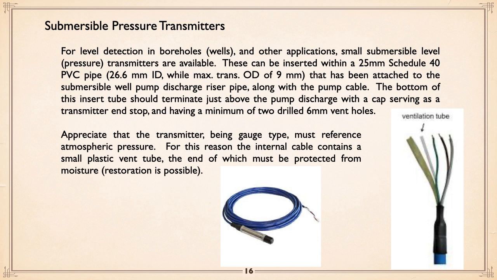In other words, that vent tube that you can see there, a little tiny thin vent tube, has to be protected from moisture, some sort of enclosure, whatever. I'll tell you, I had a situation where they got flooded and found out that in fact they can be restored. Put it in an oven, talk to the manufacturer. It can be put in an oven, it can be dried out, and when it's dried out, it will go back to operating the way it should.